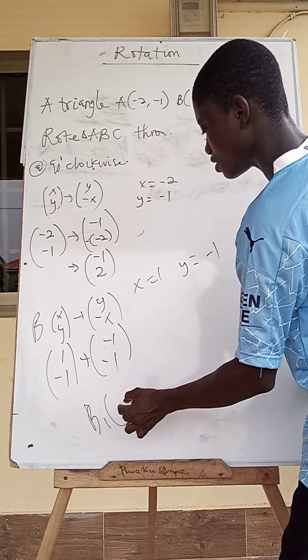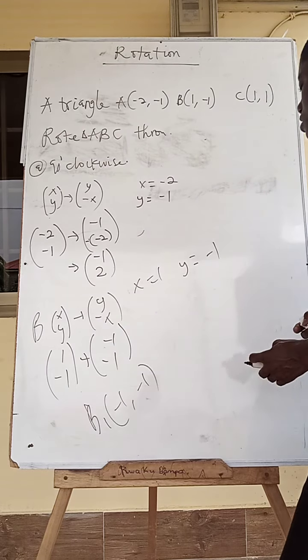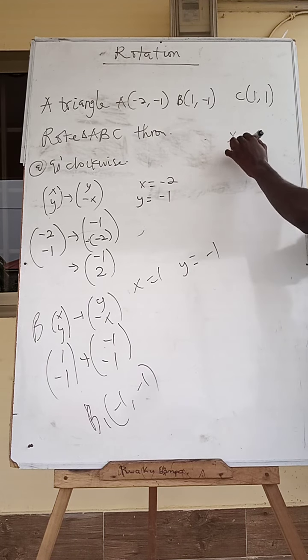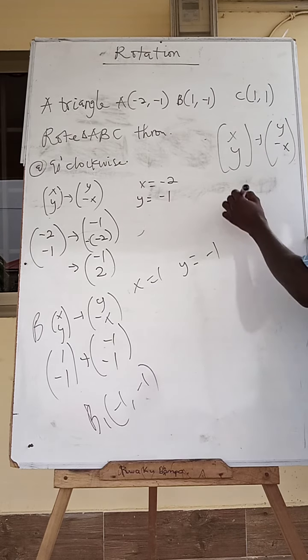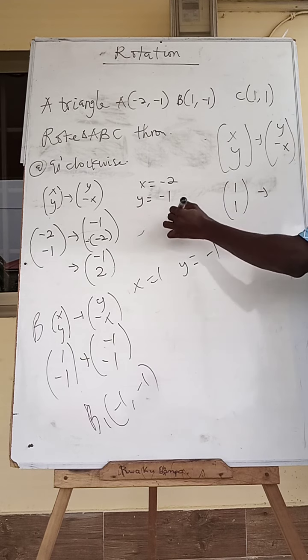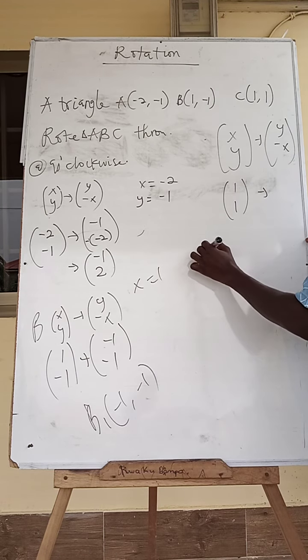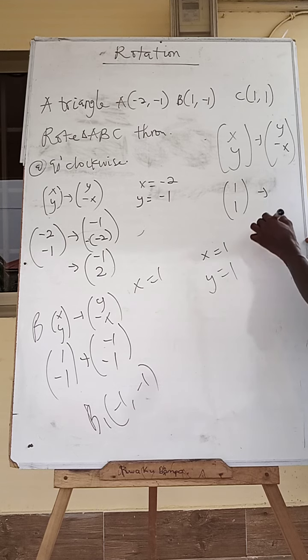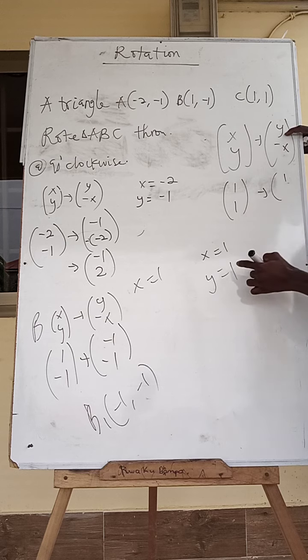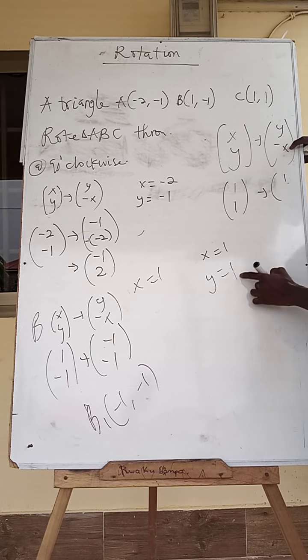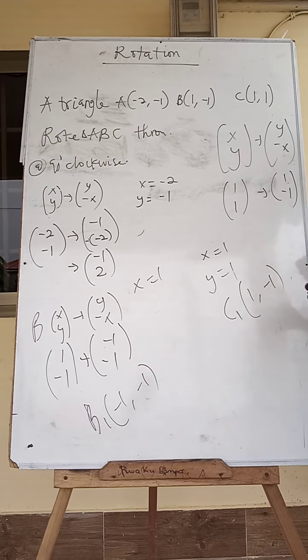So the image of B is negative 1, negative 1, right? Let's try C. So C is 1, 1, right? So if you compare with this one, our x is 1 and our y is also 1. So here is just y leading, which is 1, and our x negative 1. So the image of C is 1, negative 1.